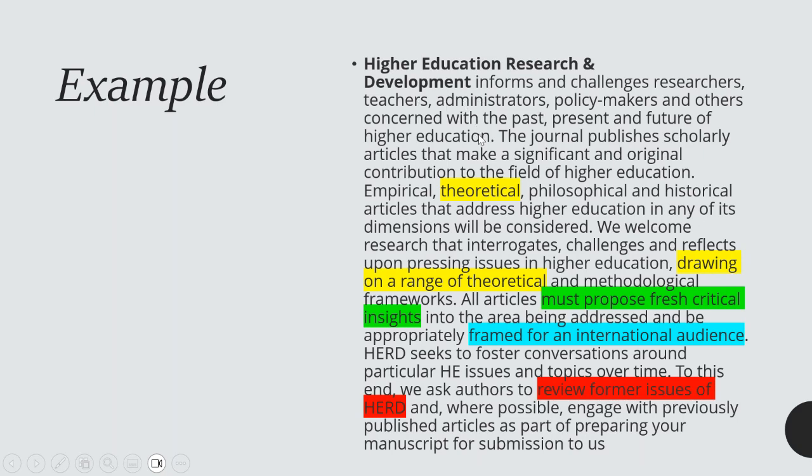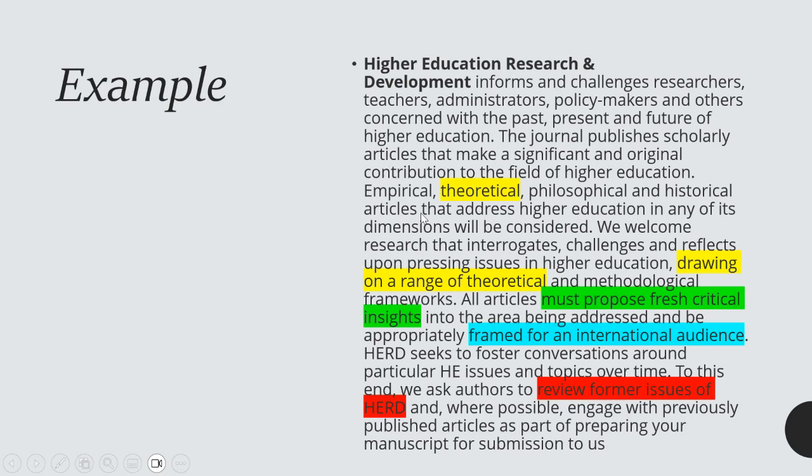If you've got an article that addresses any of these within higher education, this might be a good fit. And then they tell you the journal publishes scholarly articles that make a significant or original contribution to the field of higher education. And that's what I was saying in terms of your so what.